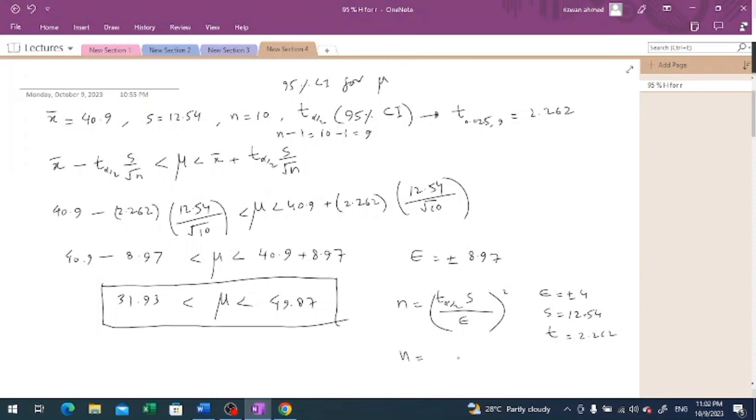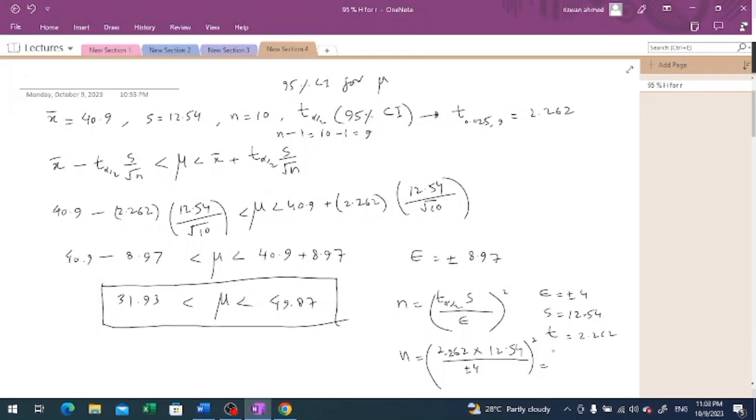And after making substitution here in the formula, 2.262 times 12.54 divided by plus minus 4. No problem in writing it down with the plus minus 4 sign, because when we raise it to square the plus minus sign will be eliminated.